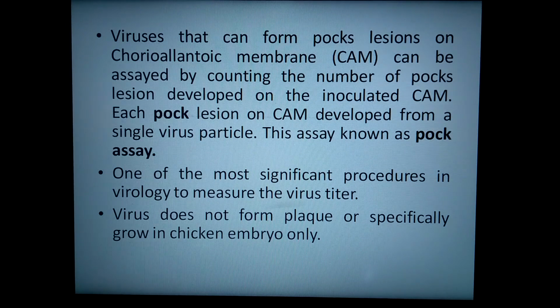It is a conventionally economic method as compared to cell culture in terms of propagation of viruses. Viruses that do not form plaque or especially grow in chicken embryo can propagate in an in vivo system.